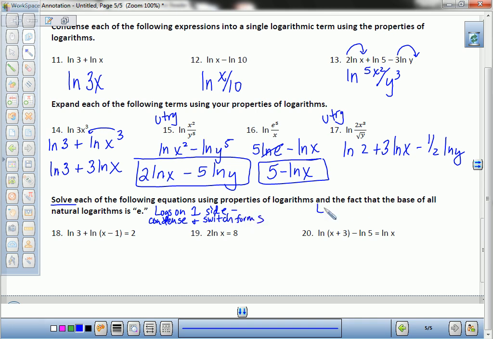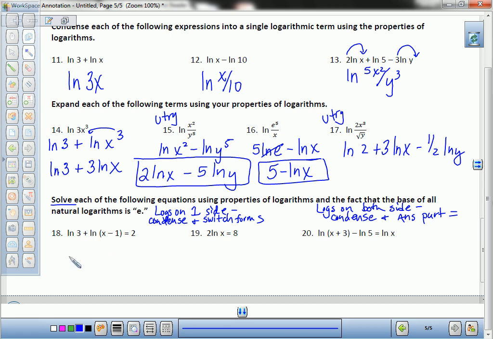If we have logs on both sides, we condense if necessary, and then set the answer parts equal to each other and solve. So most of you probably didn't even need to write that because those are the same rules we used for all of our logs. We use them when it's log base e, natural log, same rules.